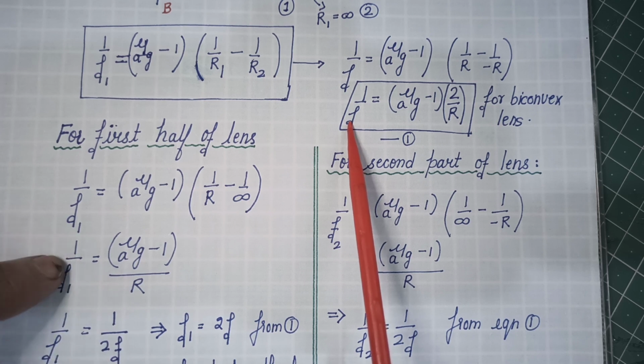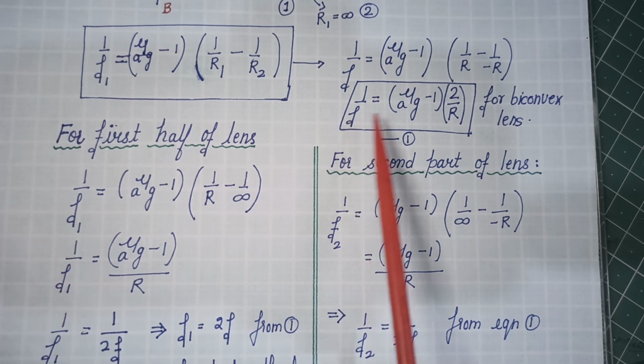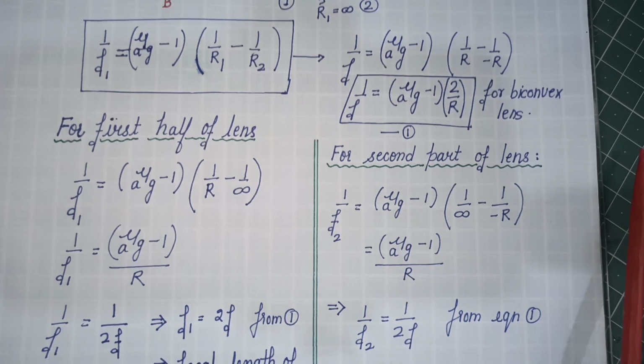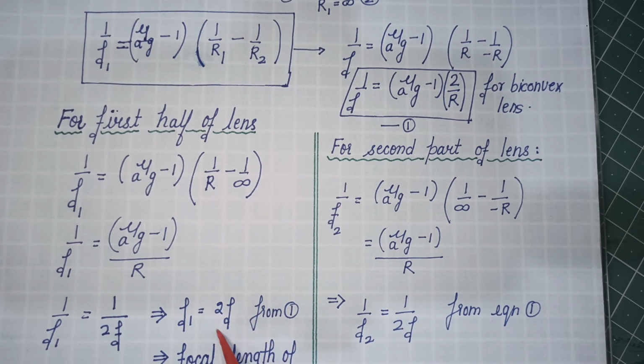So 1 upon the first part focal length is equal to 1 upon 2f. Therefore, the focal length of the first part is just double the focal length of the lens.